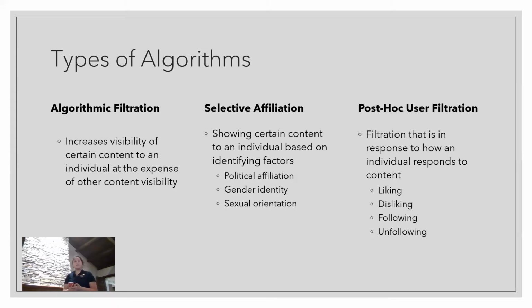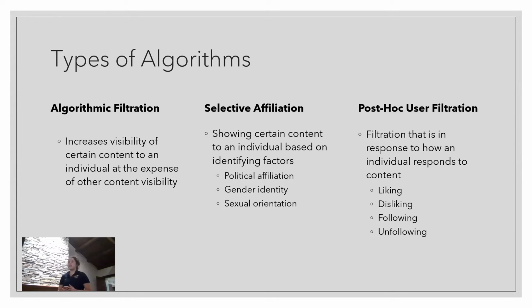There's the algorithmic filtration, which increases visibility of certain content to an individual at the expense of other content visibility. For example, when you are creating a profile on Twitter or on Facebook, you choose your likes, dislikes, your interest in music, movies, etc. Due to this, the social media platform will take that information and specifically give you different types of information catered towards that.